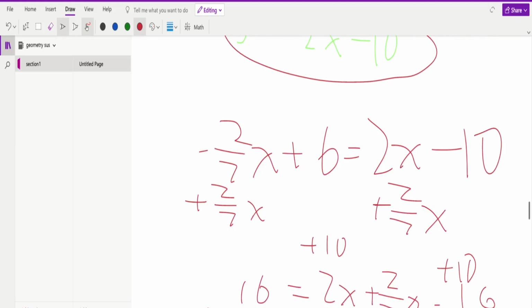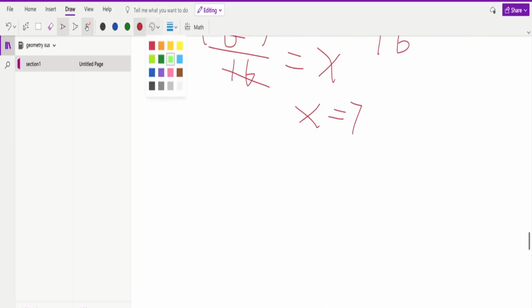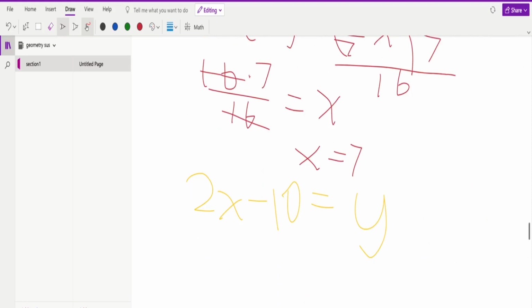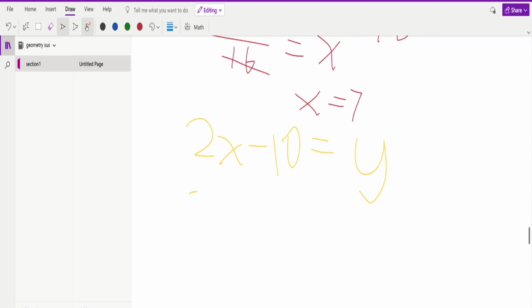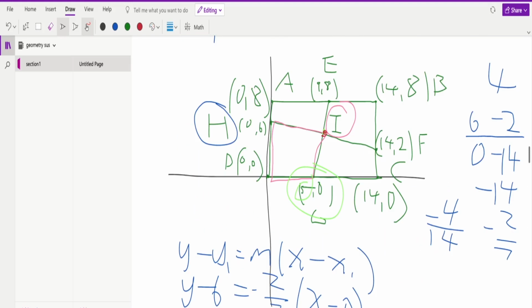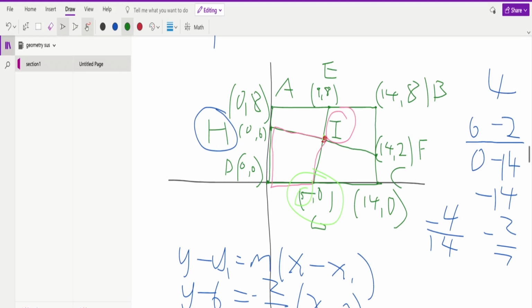We'll do 2x minus 10 is equal to y. And we have x equals 7, so 2 times 7 minus 10 is equal to 4. And we know now that this coordinate I is 7, 4.